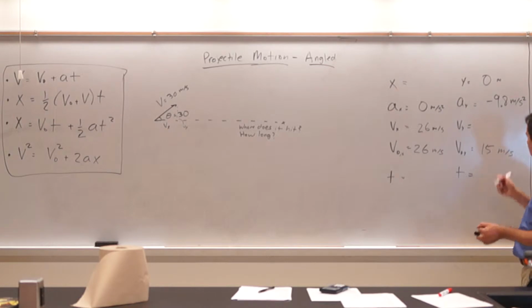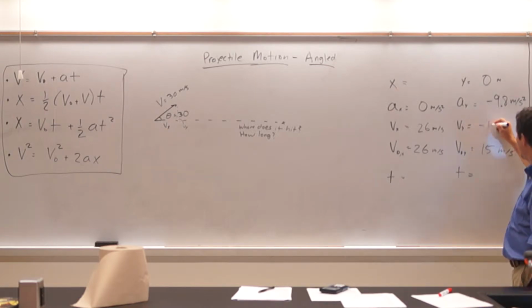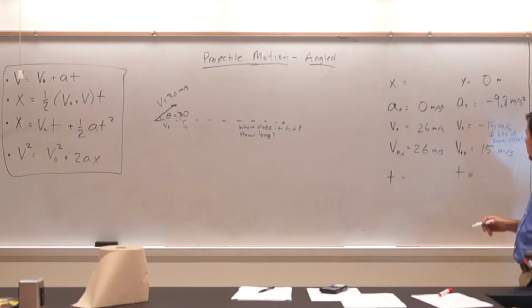So when it hits, its velocity is negative 15 meters per second, if it hits at the same elevation. Doesn't always do that, but in this first example it will.